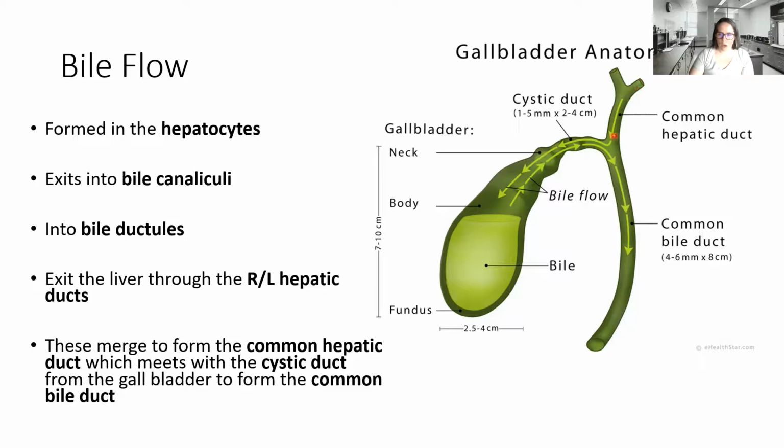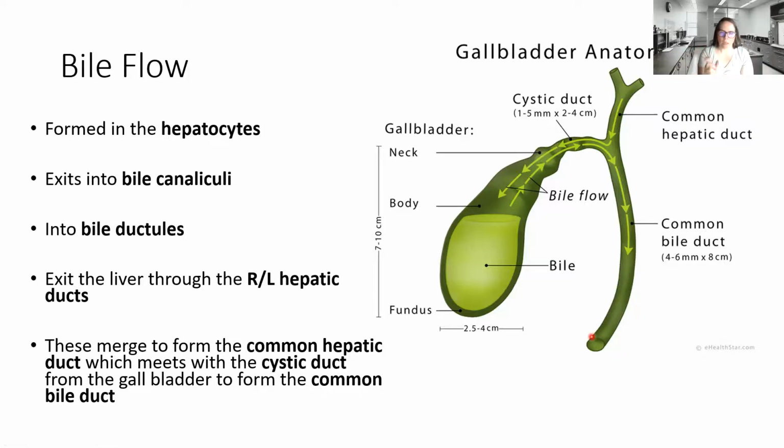Now, bile from the common hepatic duct can flow into the gallbladder for storage, and then the bile can flow out of the gallbladder and out of the common bile duct into the duodenum.